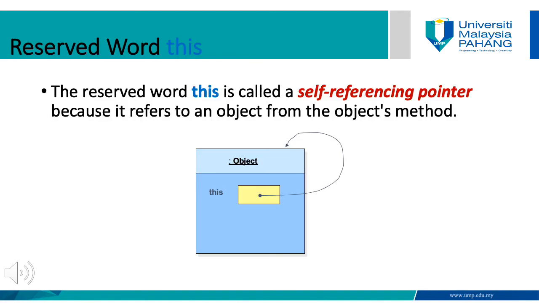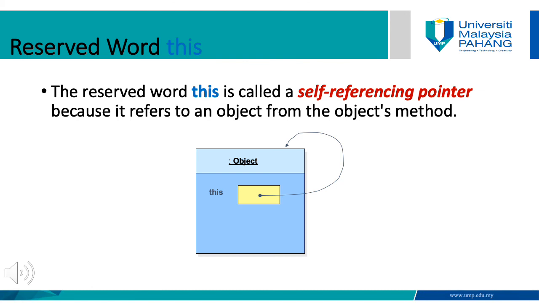Now we're going to learn about the reserved word this. The reserved word this is called a self-referencing pointer because it refers to an object from the object's method. For example, we have an object and we want to refer to the object's method. How do we do that? We use a pointer, the word this, as in the example you see in this box.